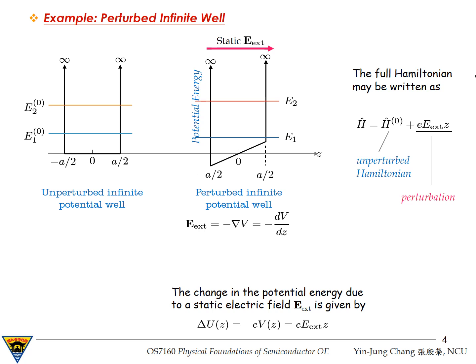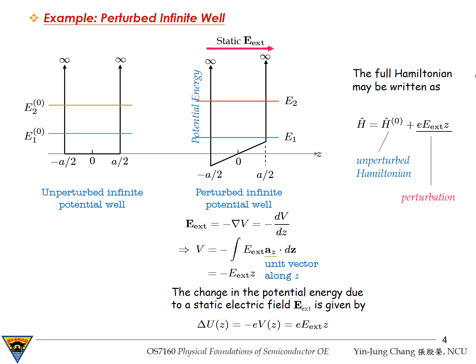Now the potential due to the externally applied static electric field is given by the line integral of the electric field with respect to z, as shown in this equation. The result is minus capital E sub external times z.